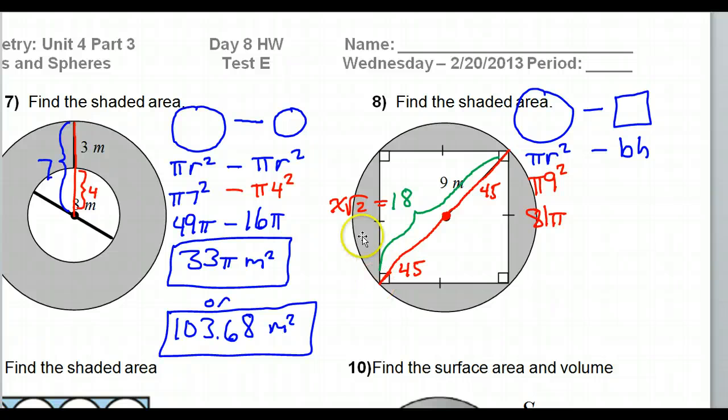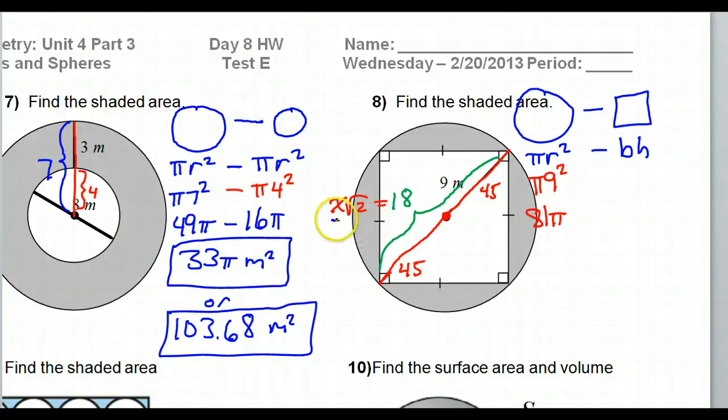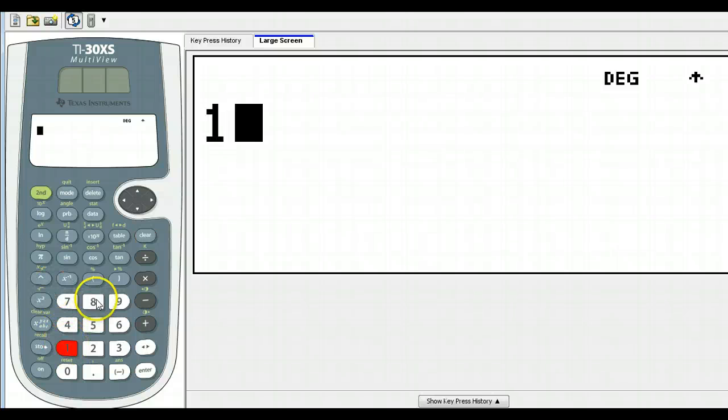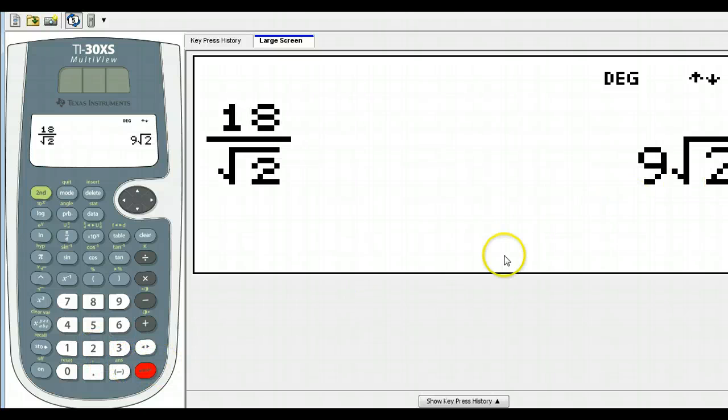So if I find this x right here, that's going to give me the sides of the triangle. So if I want to do that, all I need to do is divide by radical 2 on both sides. That way these radical 2's go away. 18 divided by radical 2 looks like this. 18 over radical 2. I get 9 radical 2.